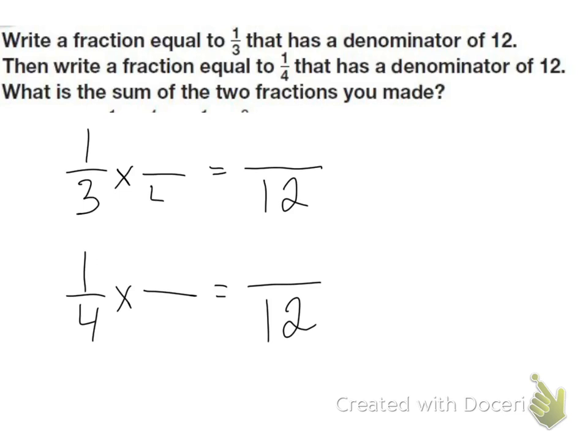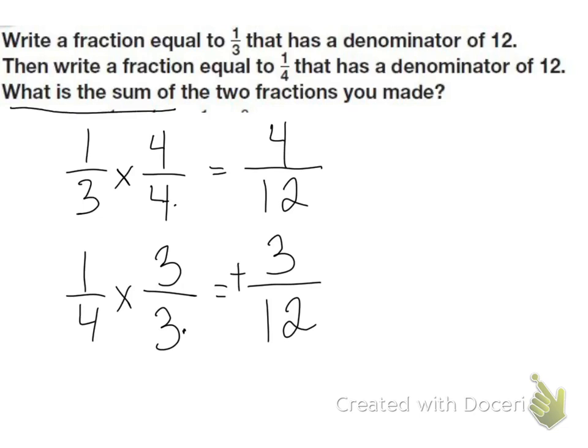Well, I know 3 times 4 equals 12. So if I multiply the bottom by 4, I have to multiply the top by 4. 1 times 4 is 4. Then I have, 4 times 3 is 12. So if I multiply the bottom by 3, I have to multiply the top by 3. 1 times 3 is 3. Then it asks for what the sum is. So we're going to do 4/12 plus 3/12. 4/12 plus 3/12 equals 7/12. And that will be my answer for this problem.